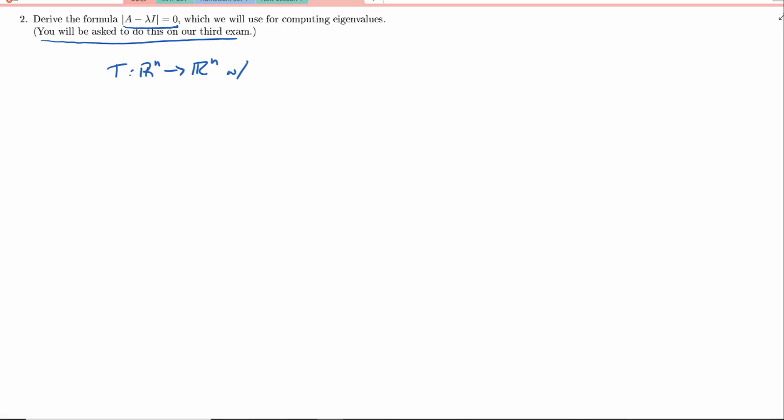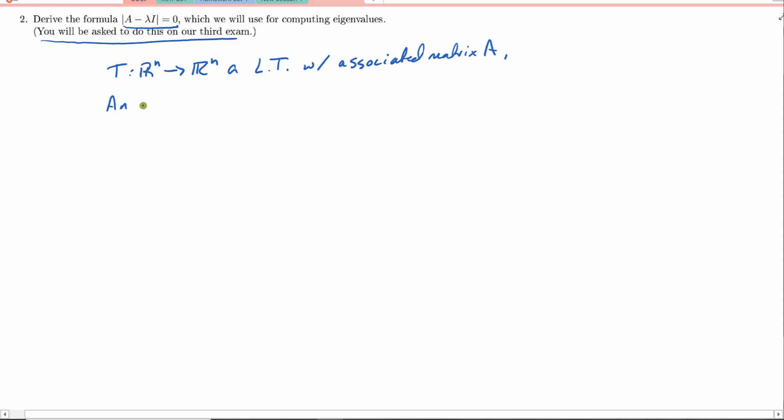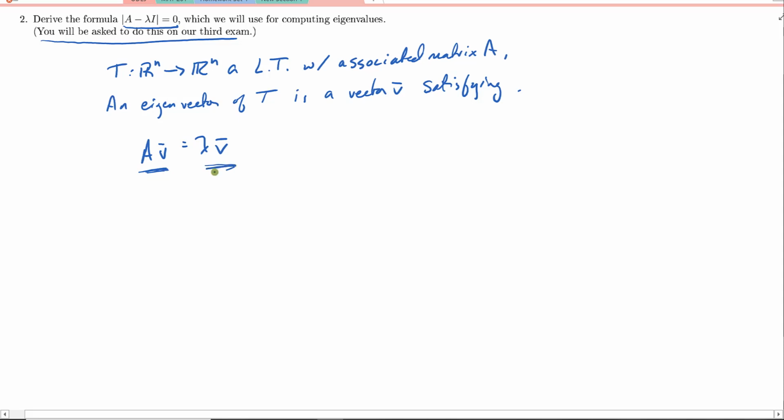So this is a linear transformation with associated matrix A. An eigenvector of T is a vector V satisfying AV equals lambda V. So that's what we meant by an eigenvector. It's one where doing the linear transformation to that vector is the same thing as simply scaling that vector.